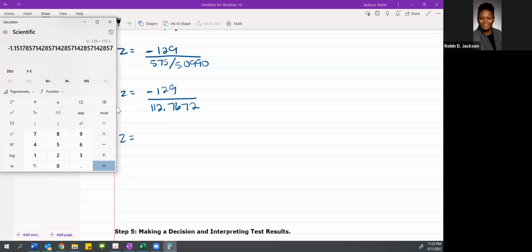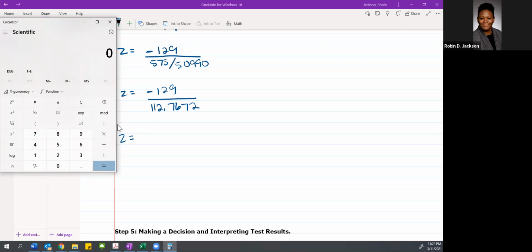I just wanted to show you that the negative will pop up if you do it that way, which is what I just did, tapping the subtract sign. But you could also do this right here, if I remember correctly. Let me clear that out. Divided by 112.7672. Oh, nope, it doesn't. I was wrong.